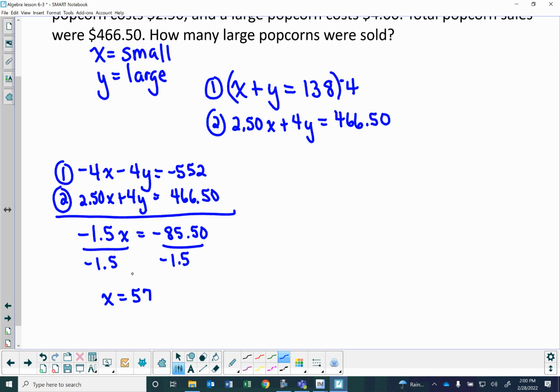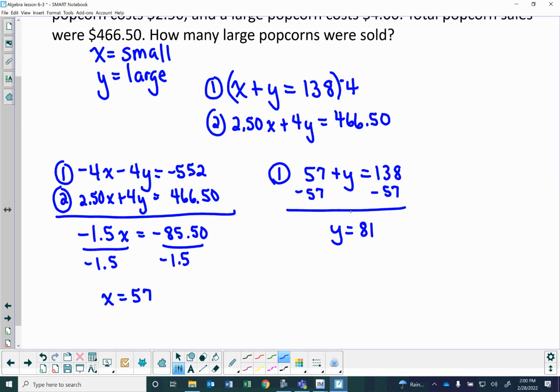Now I'm going to take the original equation 1, which says x, which is 57, plus y, which I don't know, equals 138. So subtract 57 from both sides, and y will equal 81.